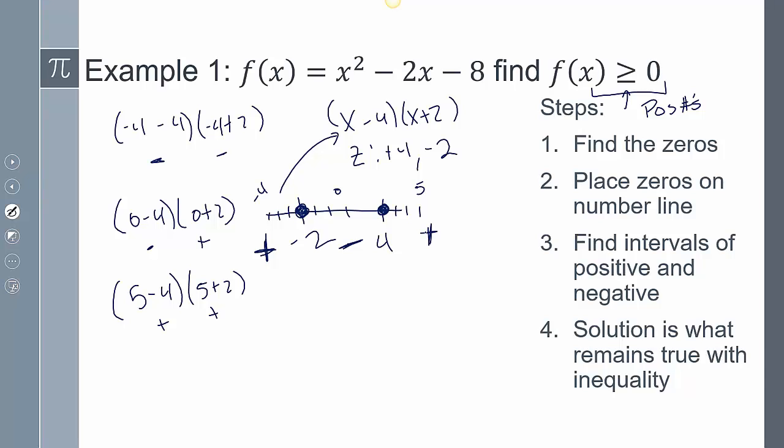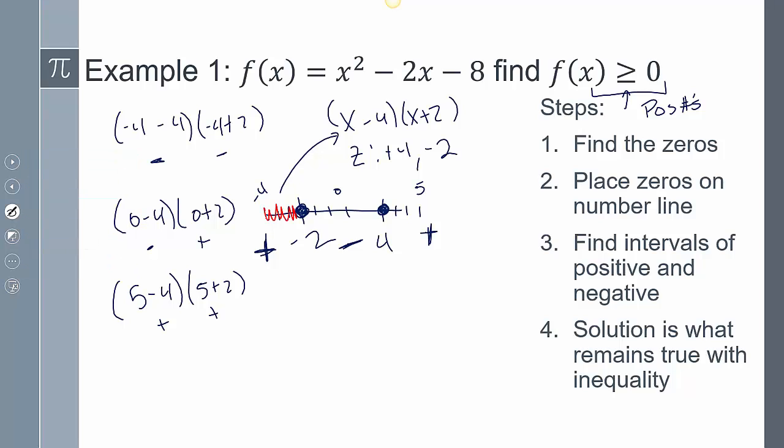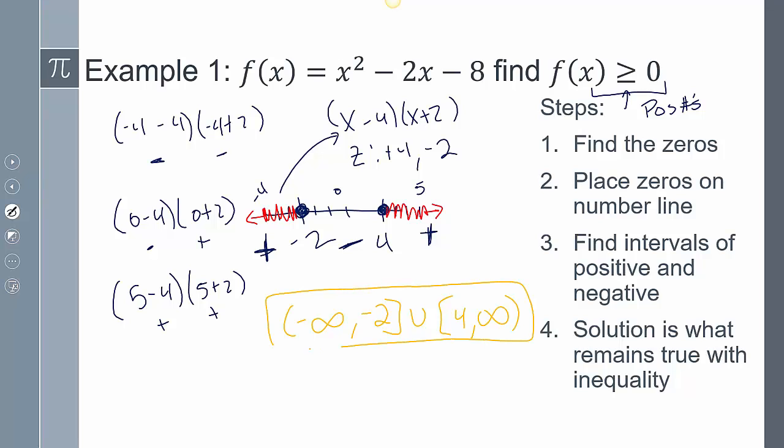Going back to the beginning, we said we're looking for positive values, and so these regions here are going to be my resulting answer. Writing that in interval notation, that's going to be from negative infinity to negative 2, union from 4 all the way to positive infinity. And that's going to be my answer.